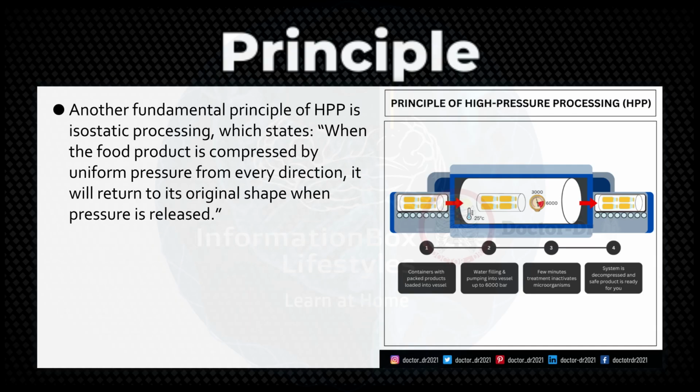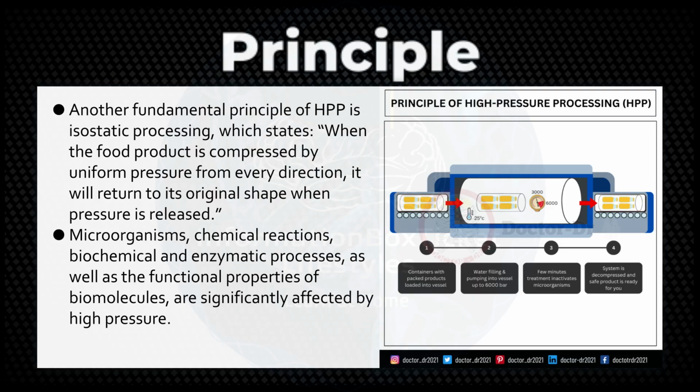Another fundamental principle of HPP is isostatic processing, which states, when the food product is compressed by uniform pressure from every direction, it will return to its original shape when pressure is released. Microorganisms, chemical reactions, biochemical and enzymatic processes, as well as the functional properties of biomolecules, are significantly affected by high pressure.